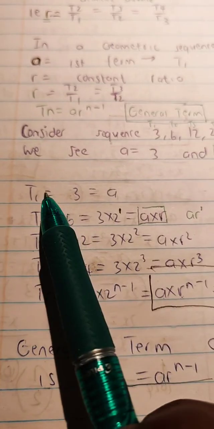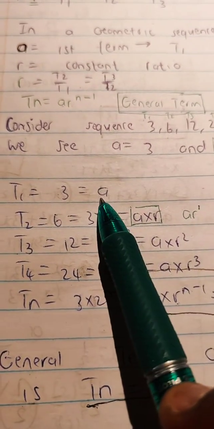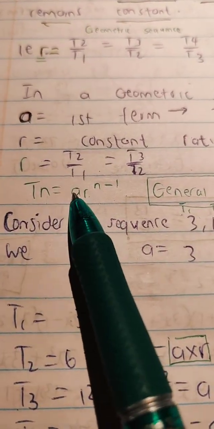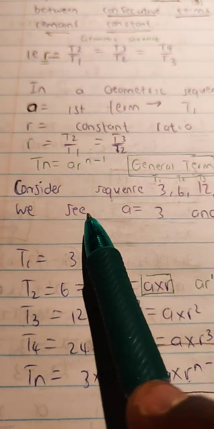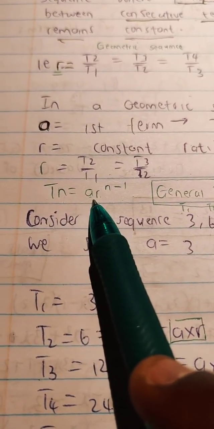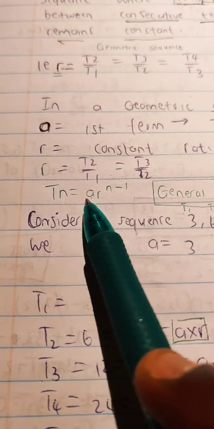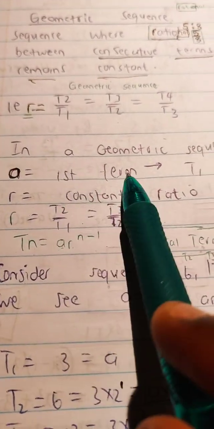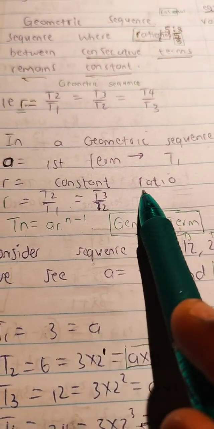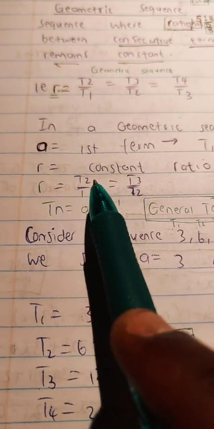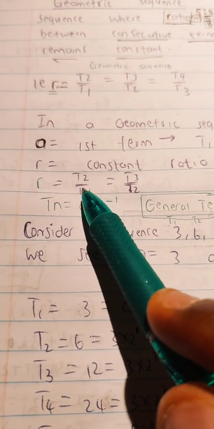So guys, we need to know how to express our terms in terms of A and R, because A and R are important features in the general term of a geometric sequence. I repeat, Tn is equal to A, where A is the variable that stands for the first term. R is the variable that stands for the constant ratio. And we know that the constant ratio we calculated by taking a later term divided by the previous term.